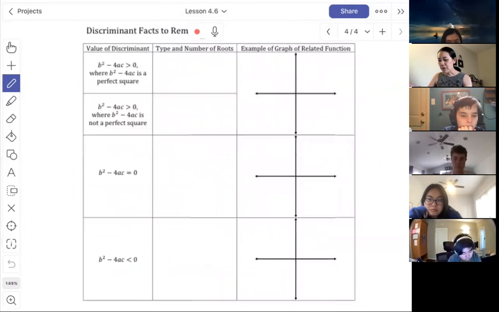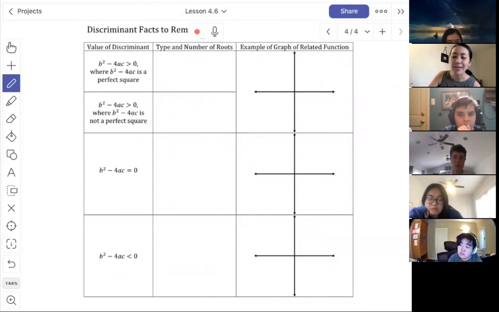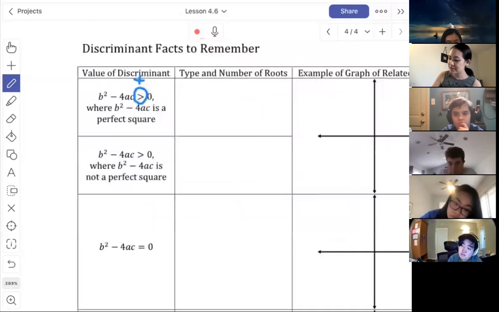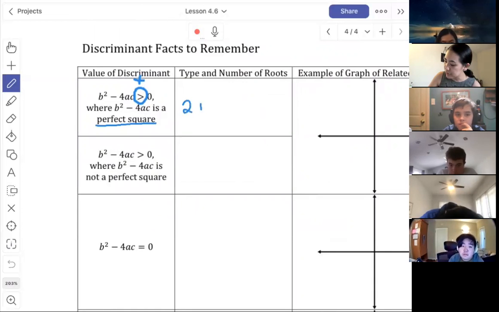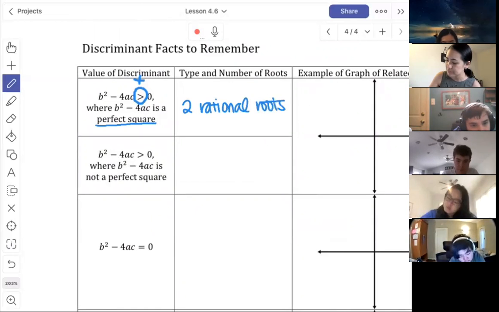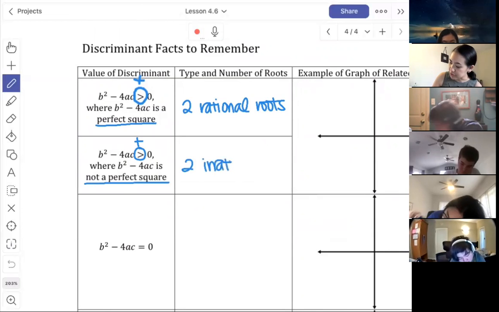Generally, when your discriminant, b squared minus 4ac, is positive and it's a perfect square, you're going to get 2 rational roots. Or if it's positive and it's not a perfect square, you're going to get 2 irrational roots.